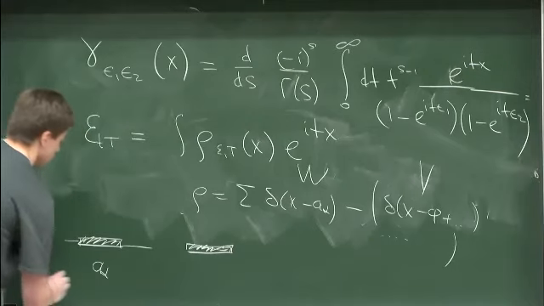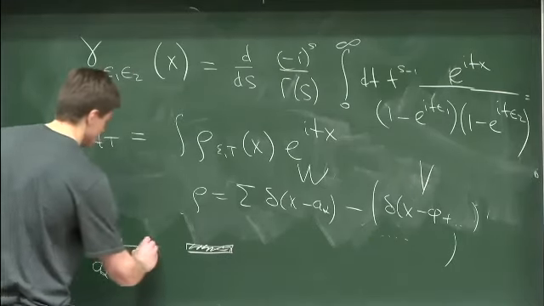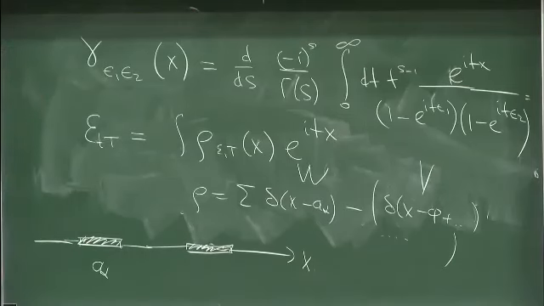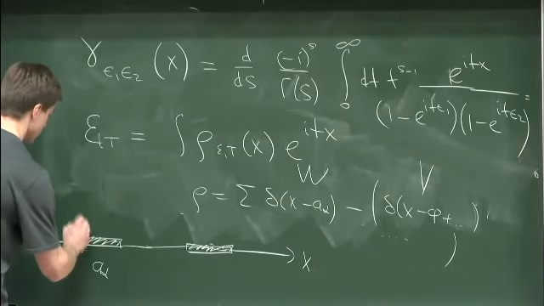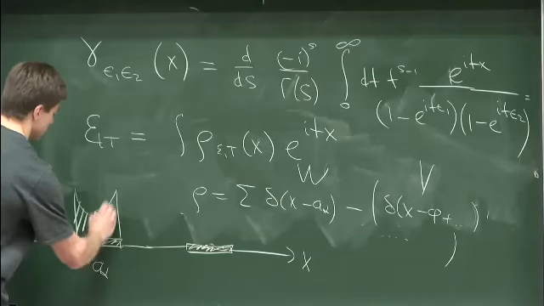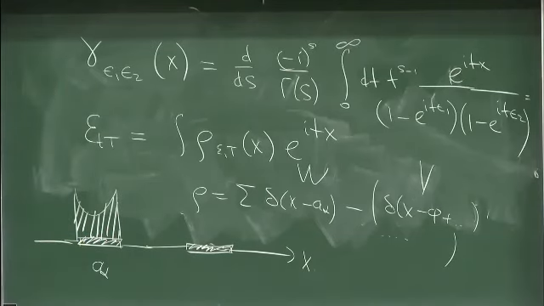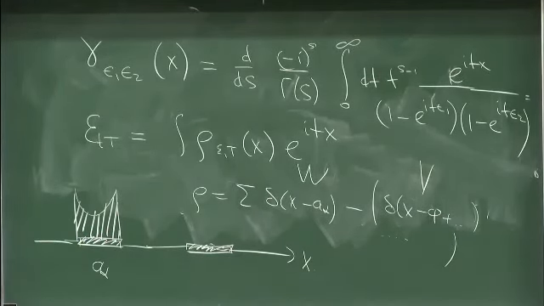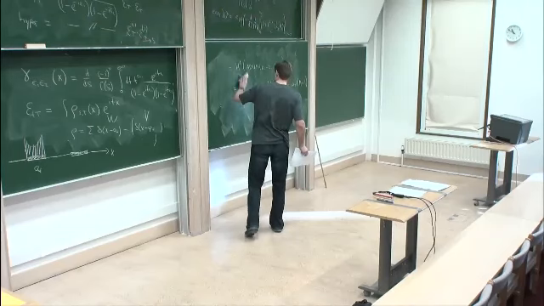So let's say A alpha here. This is the x axis, and here we have some density support of rho. Okay, so let's actually write down that extremal energy problem.